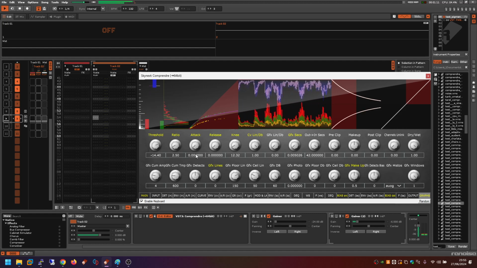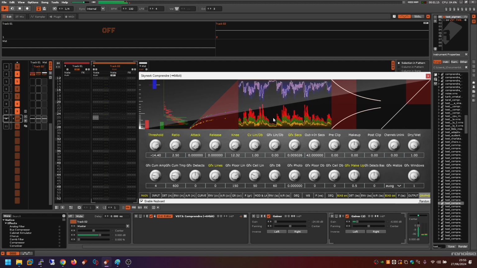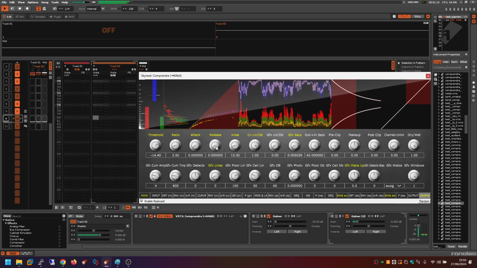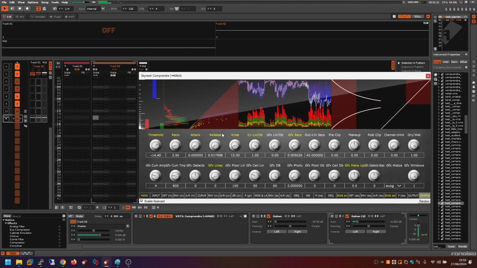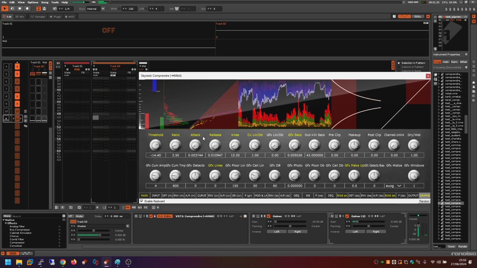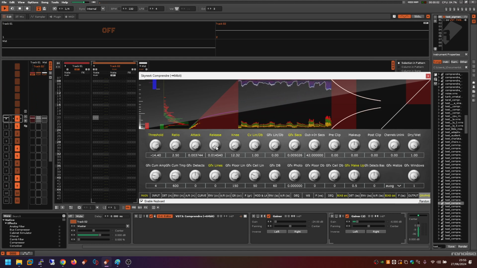As I have my attack and release equal to 0, the envelope and the gain reduction are the same. So I will make them dissociated.